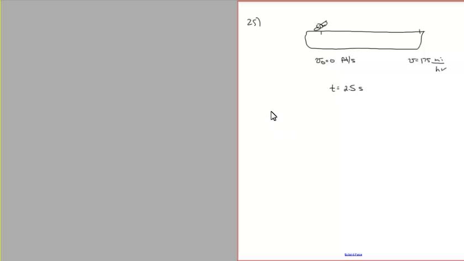So the first thing we are going to do is convert miles per hour to feet per second. And you do that by going to the front of the book and finding the conversion factor. What you see is 1 mile per hour is equal to 1.47 feet per second.